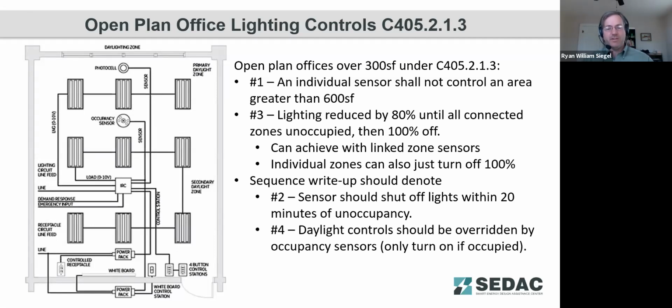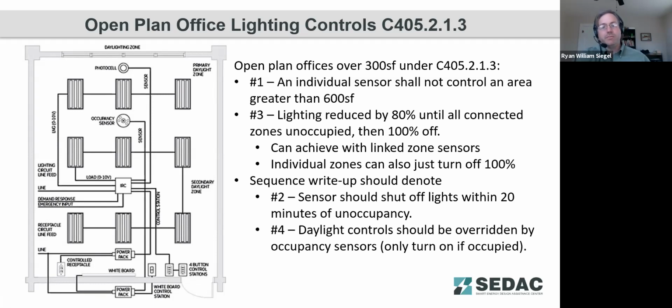Understand that an individual sensor may go a little bit over 600 square feet. It's not uncommon to see these cover 1,000 square feet or a 10 by 10 area, but each of the control areas needs to be no larger than 600 square feet.